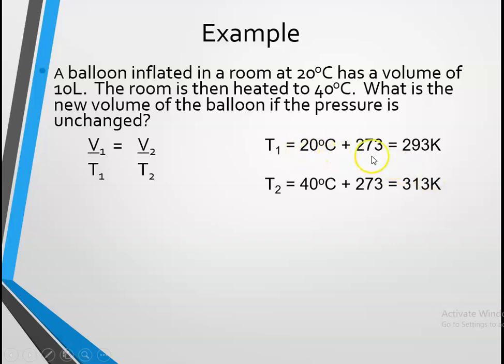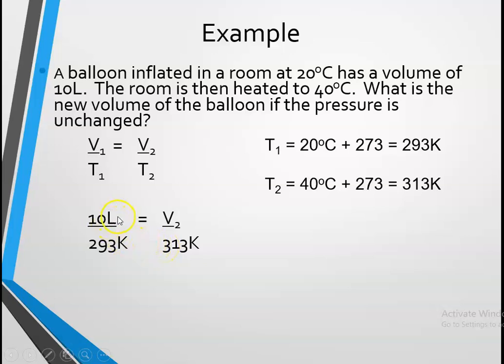Go ahead and convert to Kelvin. So 20 plus 273, temperature 1 would be 293 Kelvin. Temperature 2, 40 plus 273 would be 313 Kelvin. So then, of course, you're going to set up your proportion. Your volume 1, 10 liters over temperature 1, 293 Kelvin. Volume 2 over temperature 2.